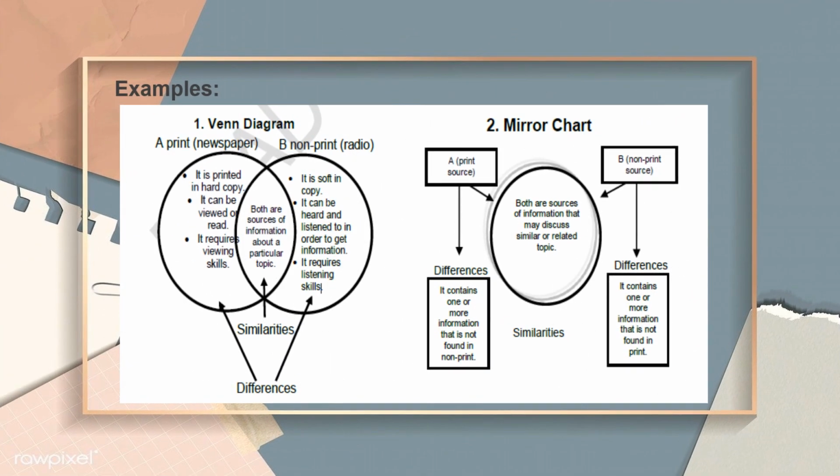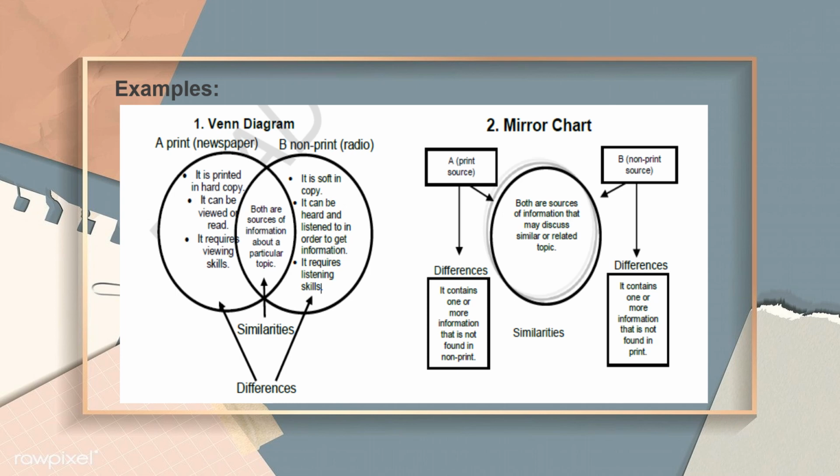Examples, we have here number 1, the Venn diagram. So that is the example, a newspaper and then the radio. So look at the differences and similarities. A print or newspaper, it is printed in hard copy. It can be viewed or read. It requires viewing skills.